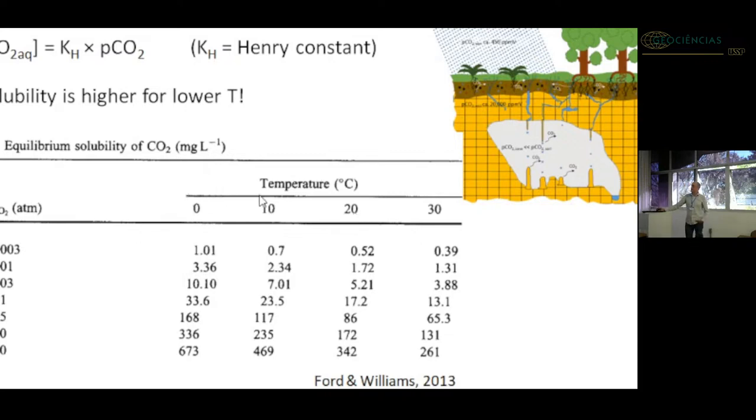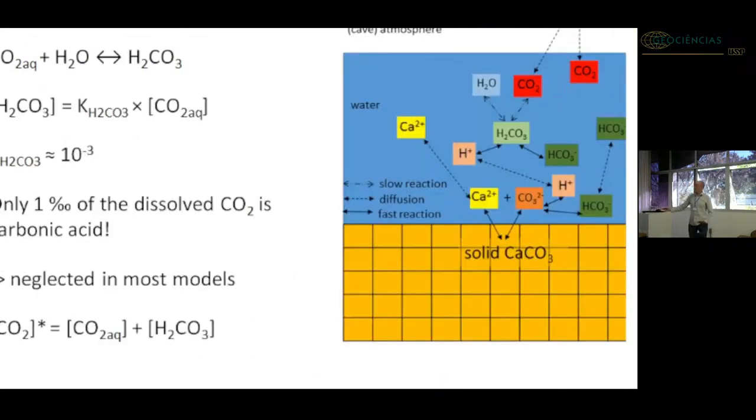Okay. So once the gaseous CO2 is dissolved into the water, it reacts with the water and forms carbonic acid, which is shown over here. Basically, you have diffusion of CO2 into the solution, and then you have a conversion reaction with the water, and that forms carbonic acid. And this is just the reaction constant for the formation of carbonic acid.